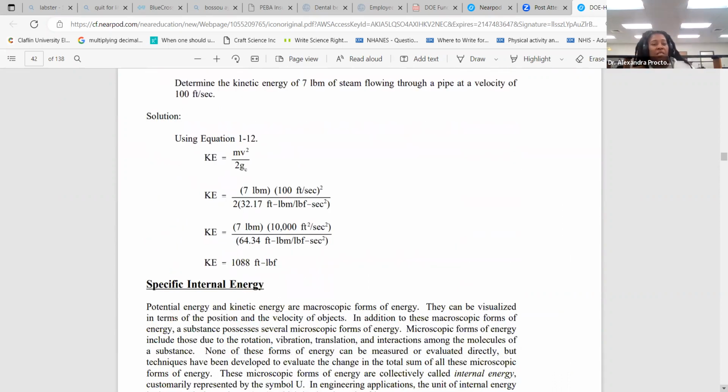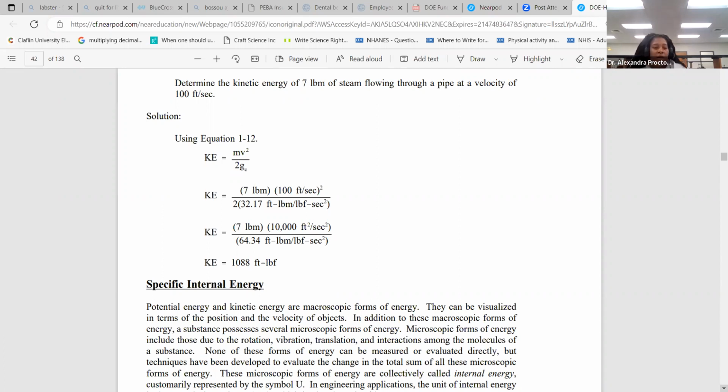So if they ask you to determine the kinetic energy of a 7-pound mass of steam flowing through a pipe at a velocity of 100 feet per second, you know that you need to use the kinetic energy equation. Kinetic energy is equal to mv squared over 2gc. Here they tell you that mass is 7 pounds mass, and that the velocity is 100 feet per second.